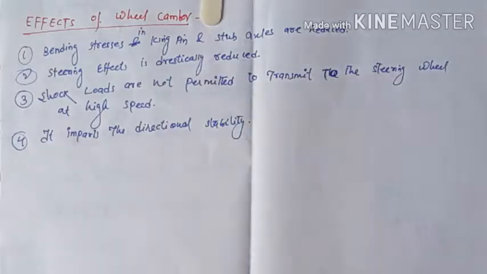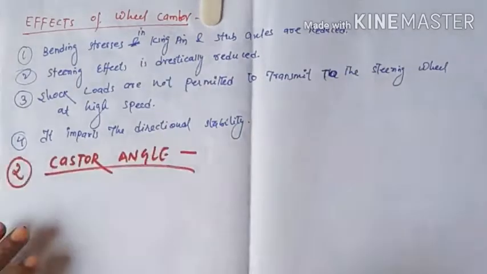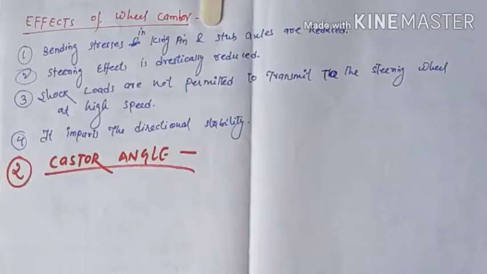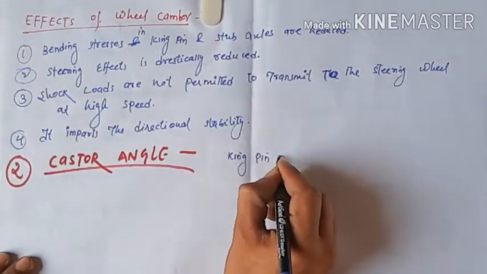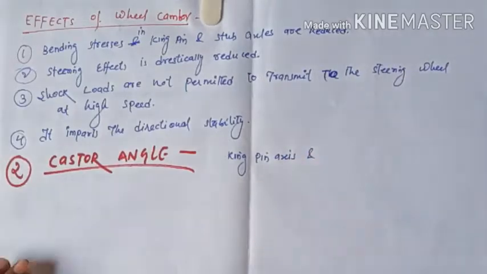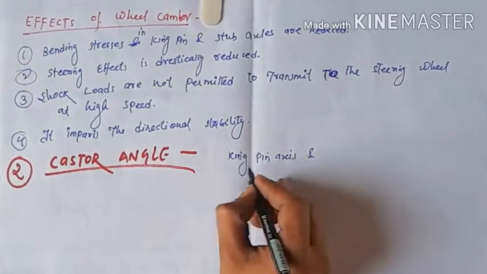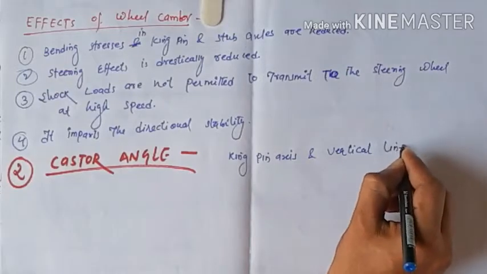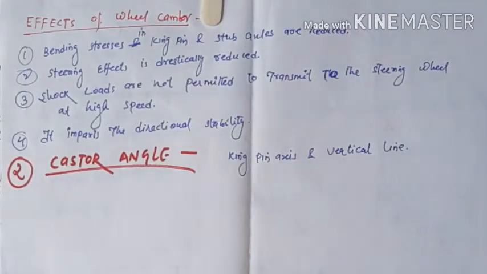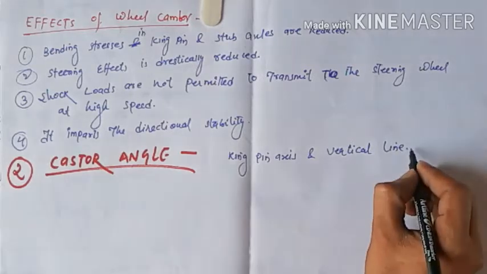Now we can move towards the caster angle. We can define it as the angle between the kingpin axis and the vertical line. So this is caster.